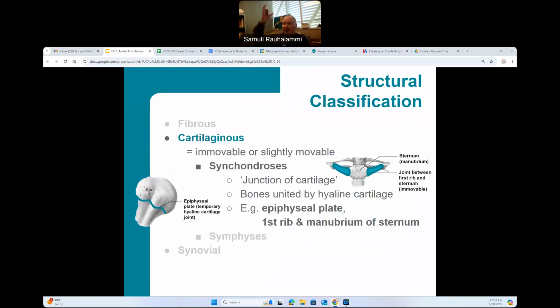When we revised the long bones, we saw that the epiphyseal plates are where lengthwise growth takes place. I also highlighted an example where the first rib and the manubrium of the sternum come together. That would be another good example of synchondroses.